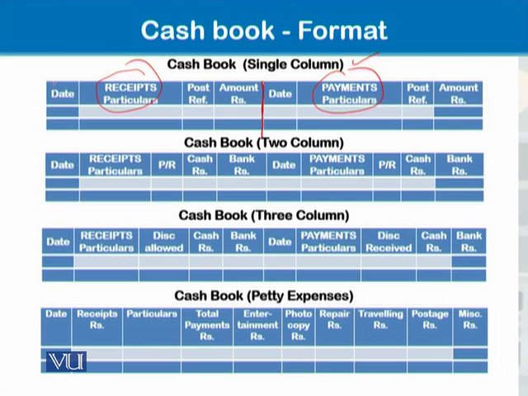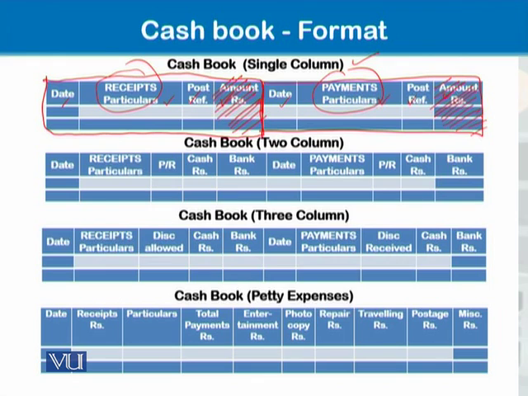This is the receipt side of the cash book, this is the payment side of the cash book. In each you will see date, then particulars, post reference, and amount. So in the single column cash book we have a single column for amount, that's why it is known as a single column cash book. We have a single column for amount on each side, receipt side as well as payment side.